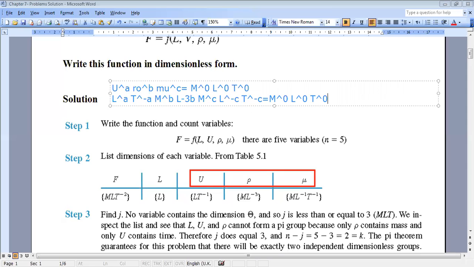Now, how to find if I can have A, B, C in that way? I determine the coefficients of L, M, and T. Let us start with M. What is the coefficient of M?